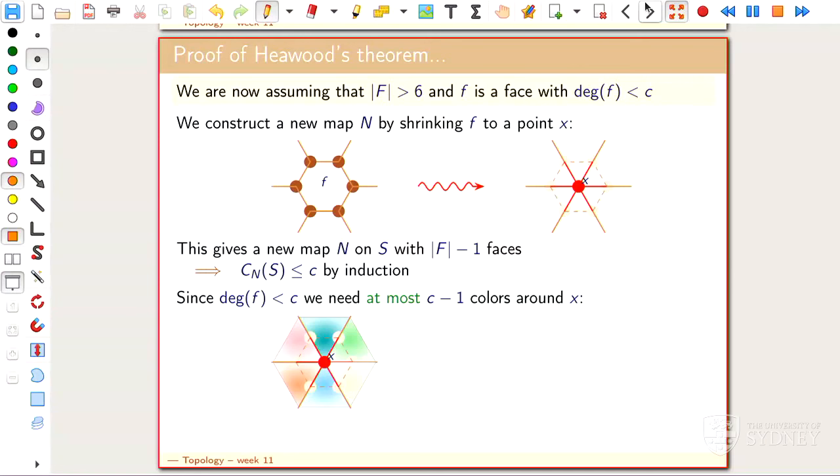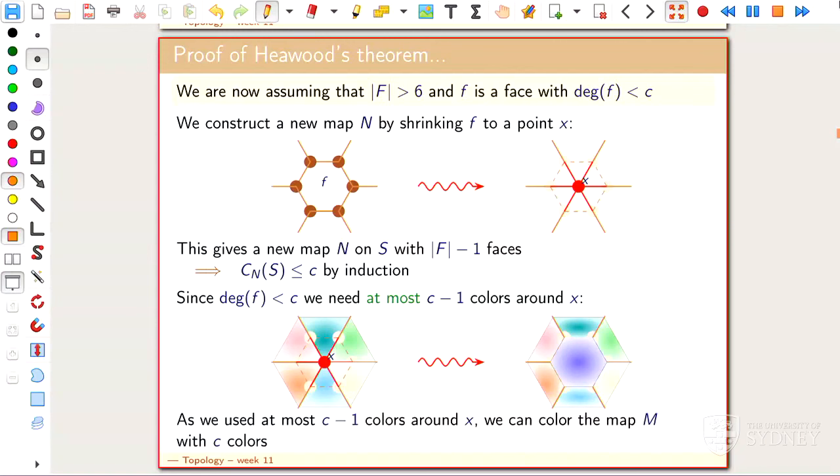And since my face degree is smaller than c, and that's the whole point where the smaller than c comes in, there are at most c minus 1 colors around. The face itself had at most c minus 1 neighbors. So I color my map, there's some coloring, whatever it is. It needs, at this local point, at most c minus 1 colors. So if you blow up the face again, we have at least one color open because we allow ourselves c colors. So there's one color that is open, and it's not on the neighbors, so we could just put it in the face itself. Okay.